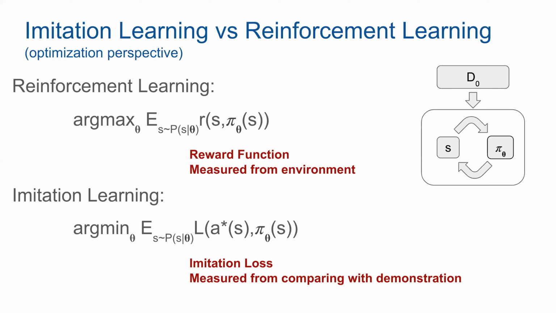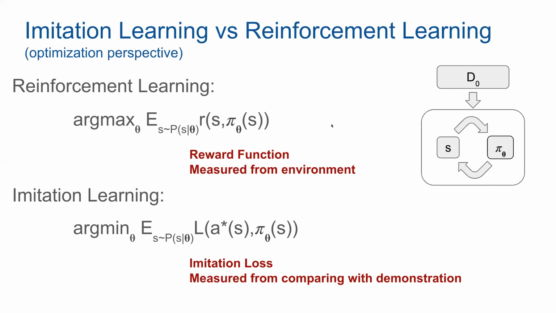And in imitation learning, in this particular way of framing it, the two objectives look basically the same. The key difference is that we're now minimizing a loss function where the correct answer is whatever the demonstrator is doing. That's what A star of S is in the learning objective for imitation learning. That's the demonstrator.